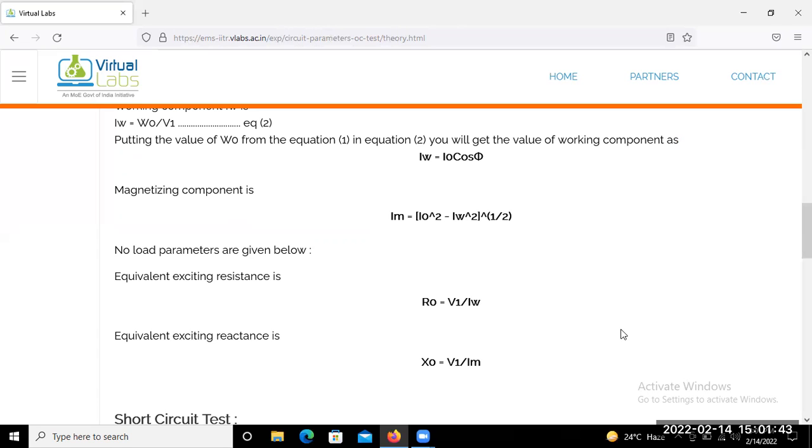So you may do this open circuit test on the LV side and keep the HV side open. Okay, so you have to be concerned about this point.